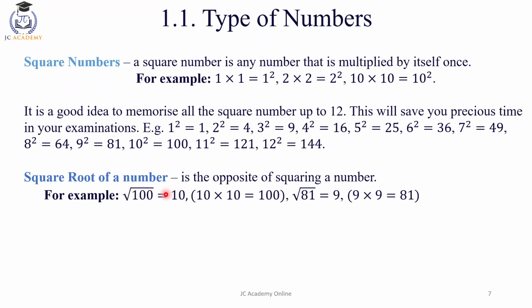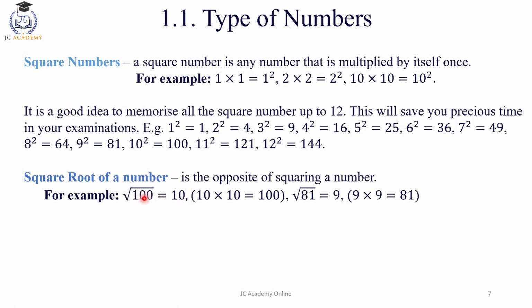This is known as the square root symbol, and underneath the square root symbol is the number that we need to find the square root of. So basically, to interpret it, we would say what two numbers multiplied together, or what number multiplied by itself, equals the number underneath this symbol.